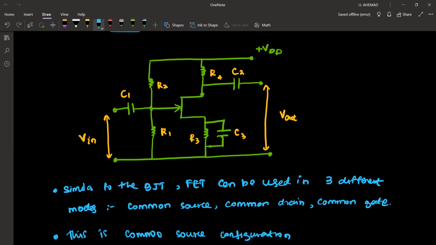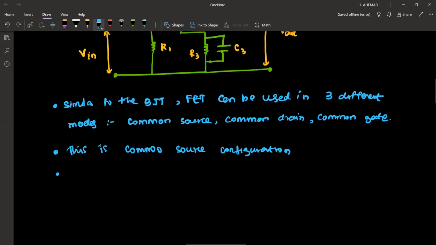Sorry, R1, R2, and R3 as well. We use these three resistors, and by using them we always maintain this value negative. So that is how we have to choose R1, R2, and R3.